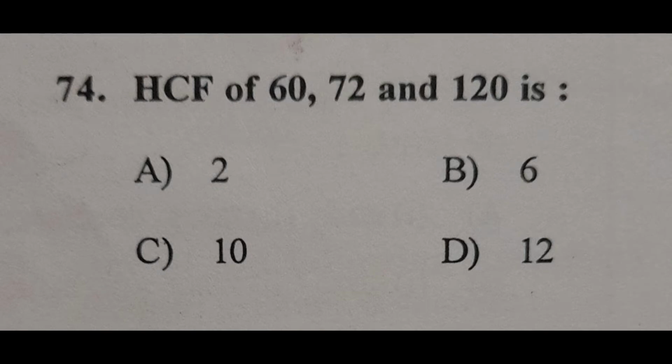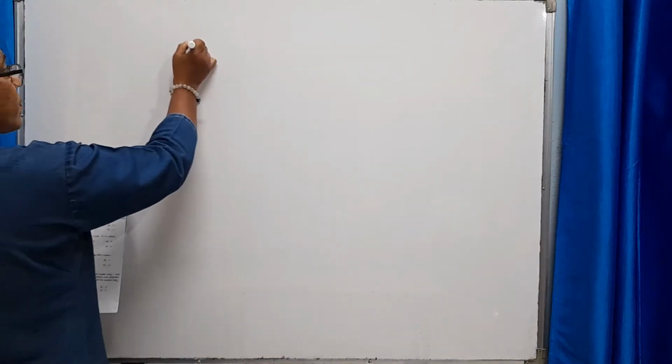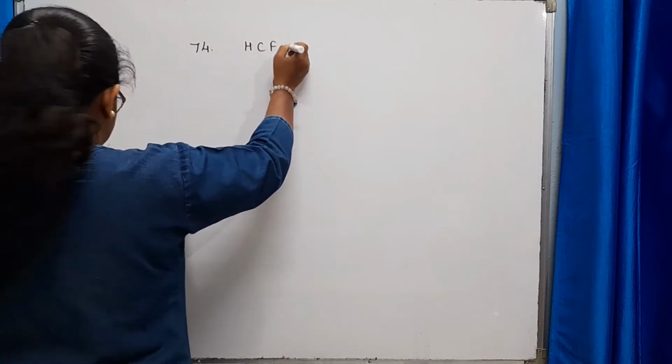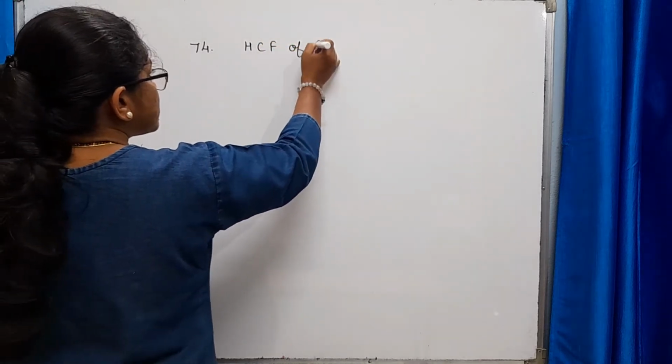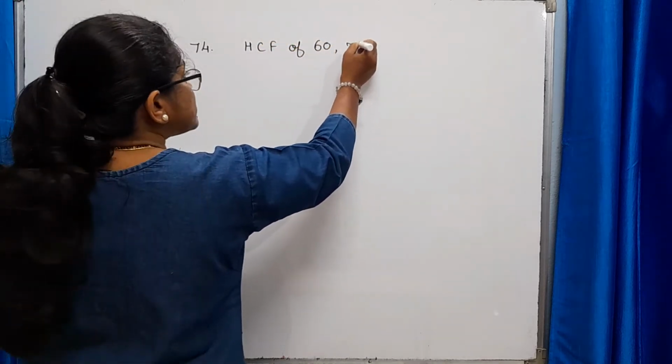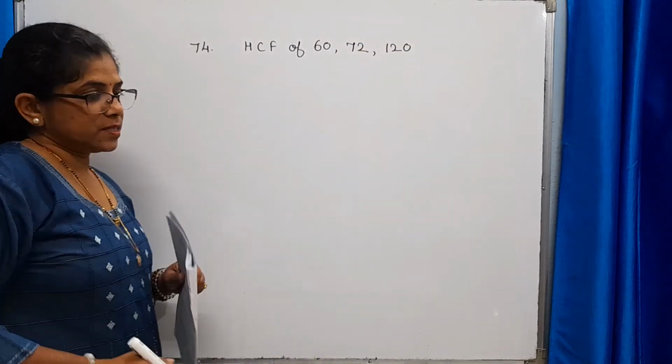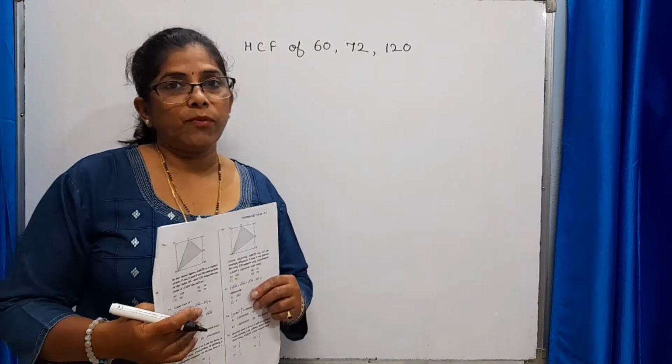HCF of 60, 72 and 120 is. 74th question, you have to find HCF of 60, 72 and 120. HCF, highest common factor.